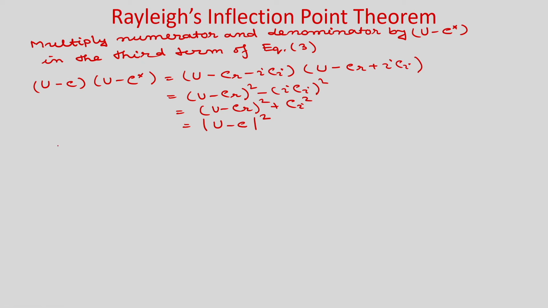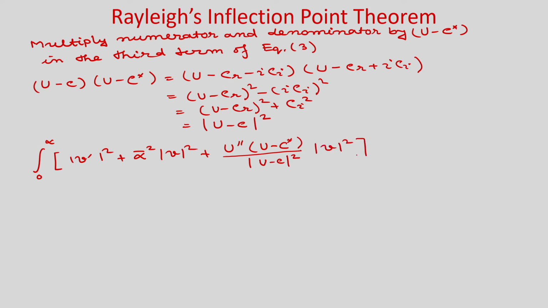If it is so, then if we multiply the third term with u minus C star in the denominator and numerator, then we can write integral 0 to infinity of mod v prime square plus alpha square mod v square plus u double prime times u minus C star, and in the denominator u minus C into u minus C star. So, this we can write as u minus C mod square, and we have mod v square dy equal to 0.